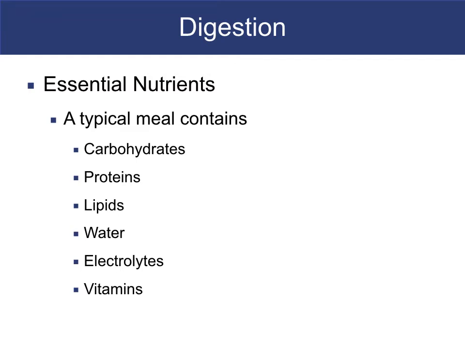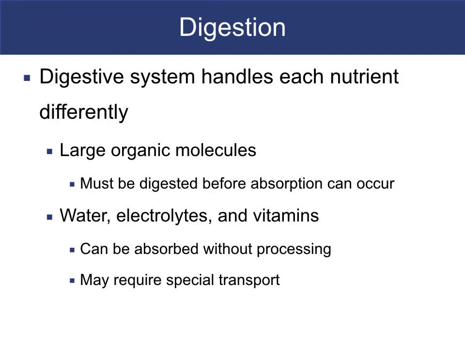Let's just talk for just a second about digestion. We have this next chapter that we'll talk about in detail called metabolism. We need lots of things to make ourselves go every day: carbohydrates, proteins, lipids, water, electrolytes, which is the salts, the sodium chloride and calcium and so forth, and vitamins, which we just need tiny, tiny amounts of. Our digestive system handles all of these things differently.